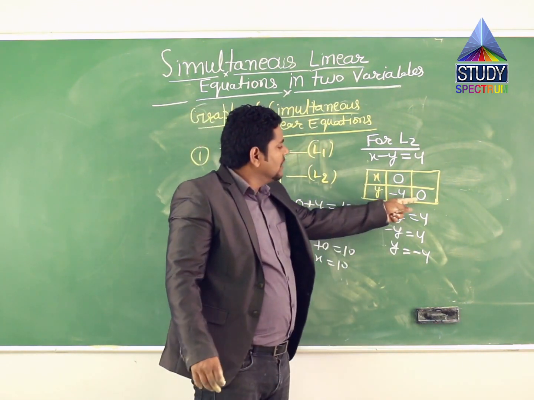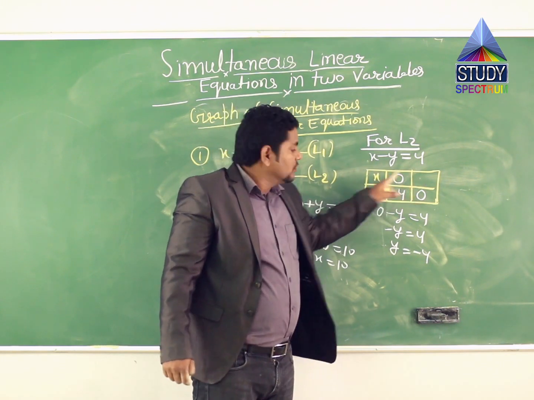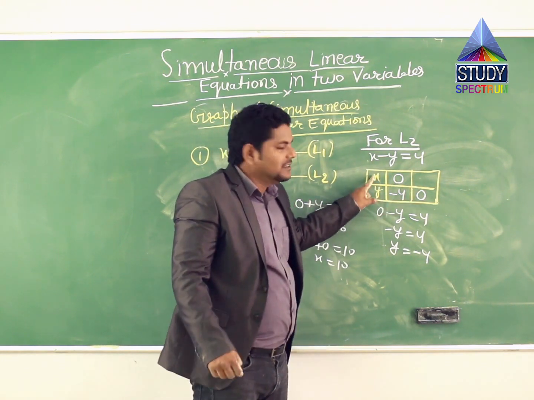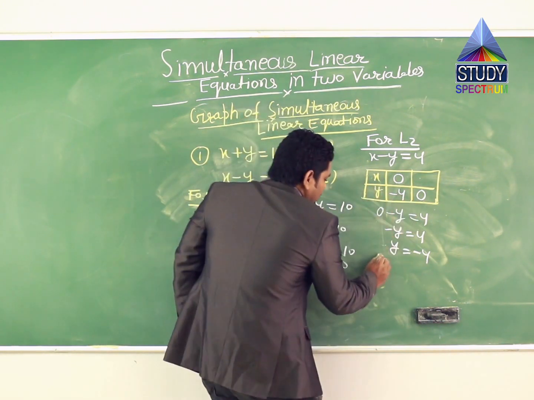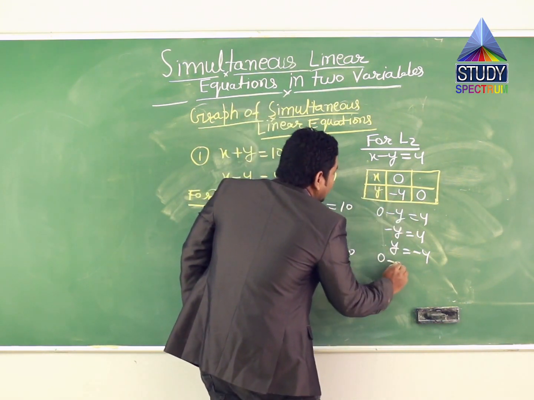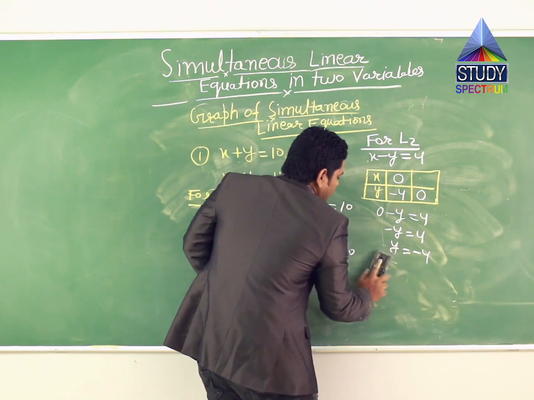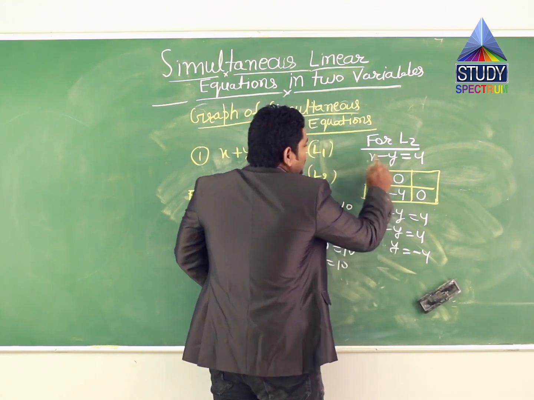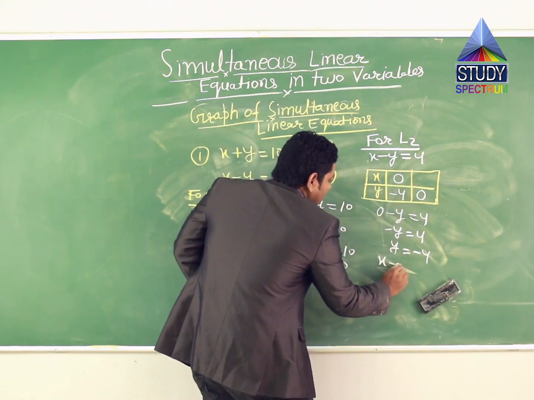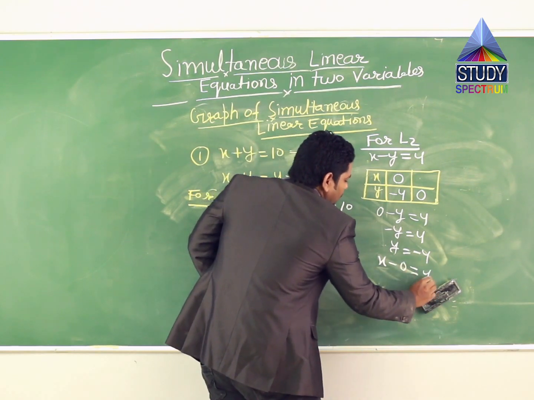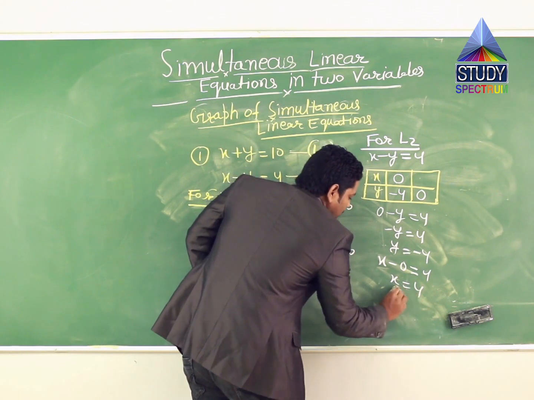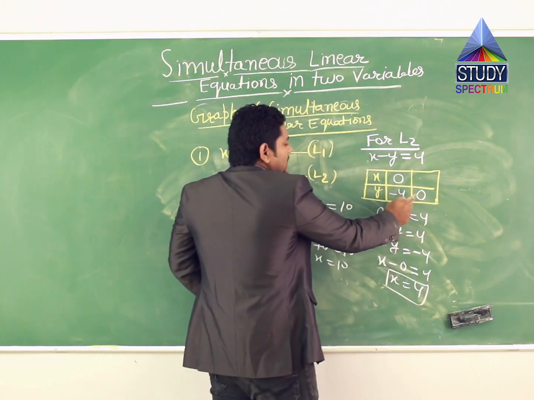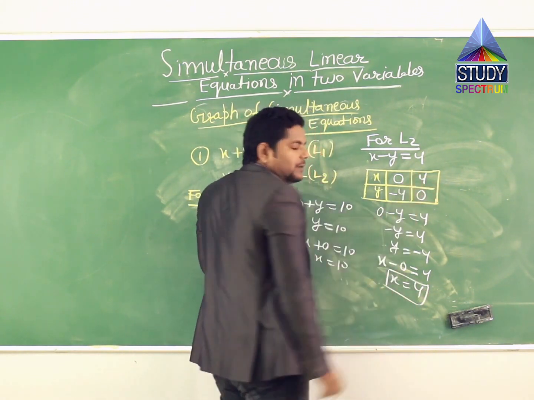Now we'll get x for y equal to 0. So we'll put y equal to 0 in this equation. So x minus 0 equal to 4, so x equal to 4. So for y equal to 0, x equal to 4.